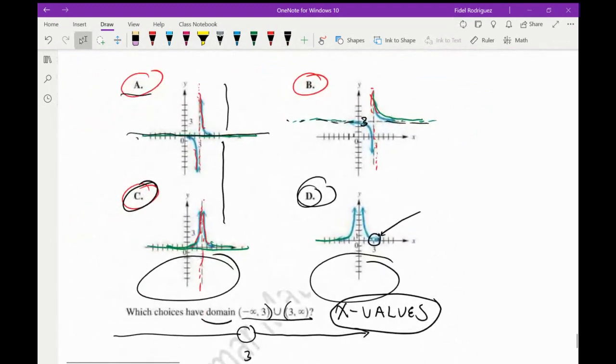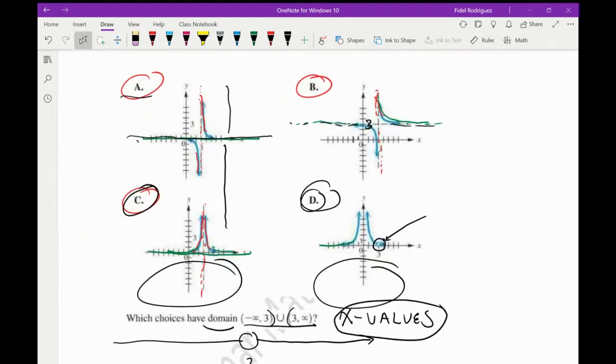So that's a little bit about rational functions. Guys, for your homework, the kind of problems you're going to see are, let me see, give me 1 second. Let me see if I can pull that up.